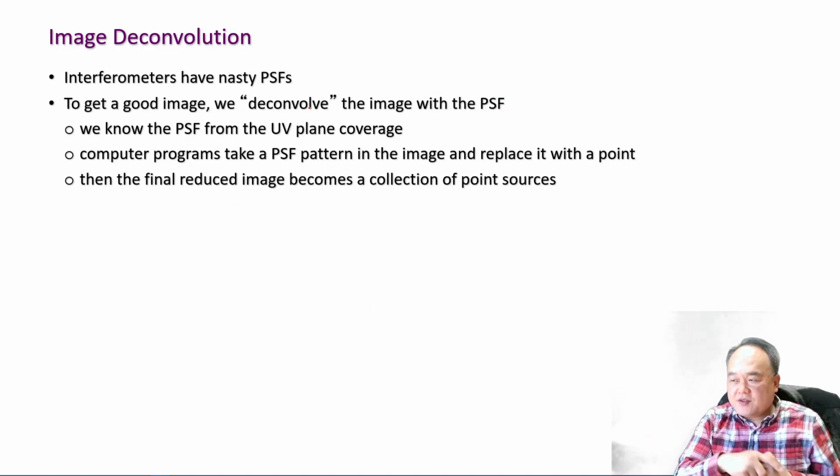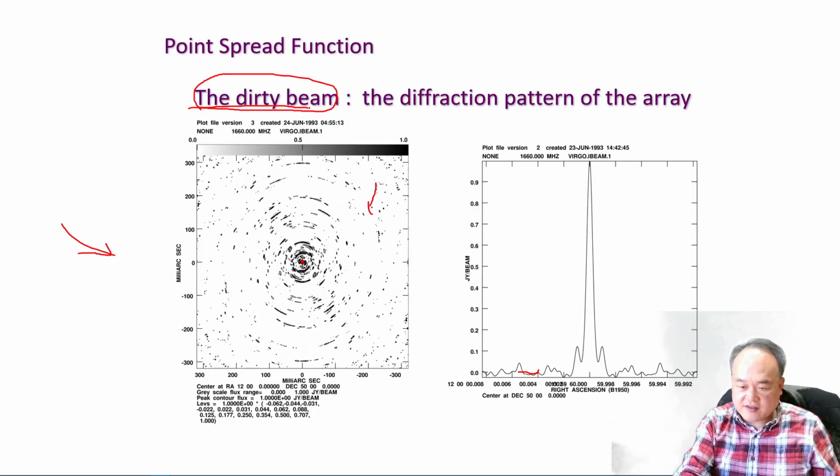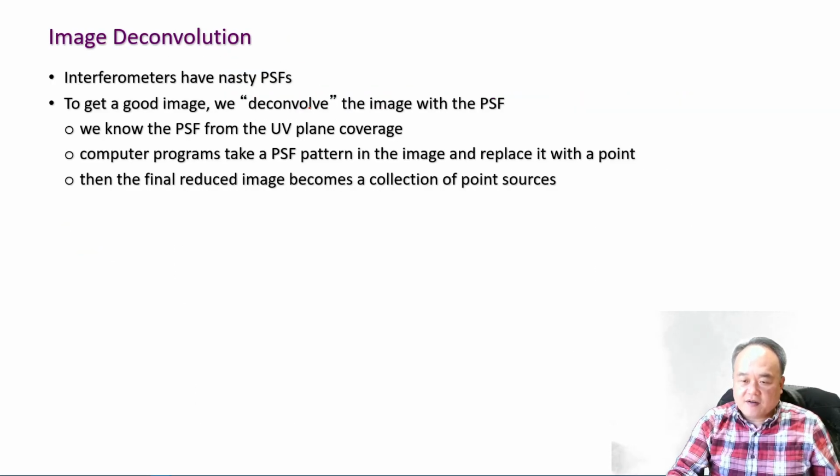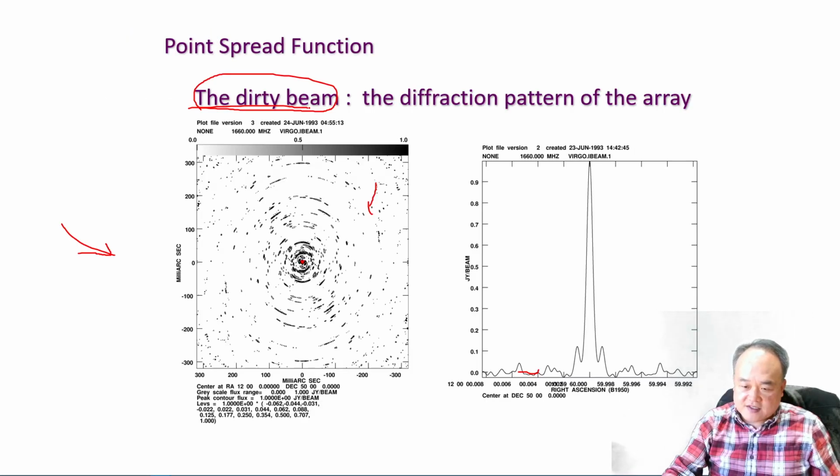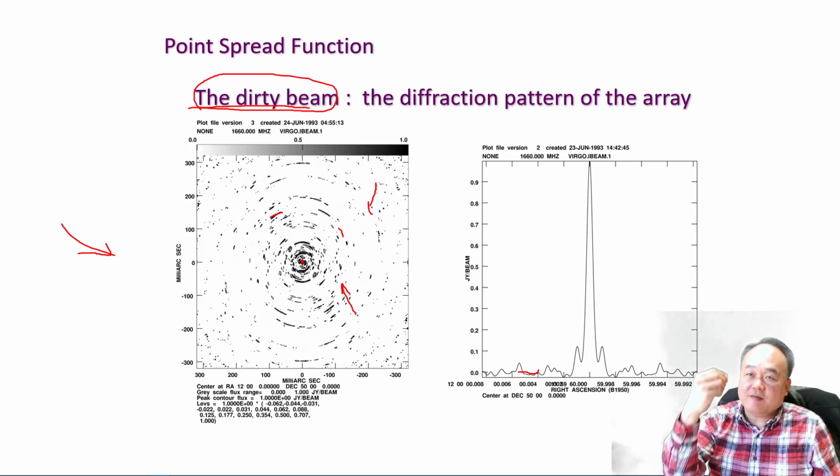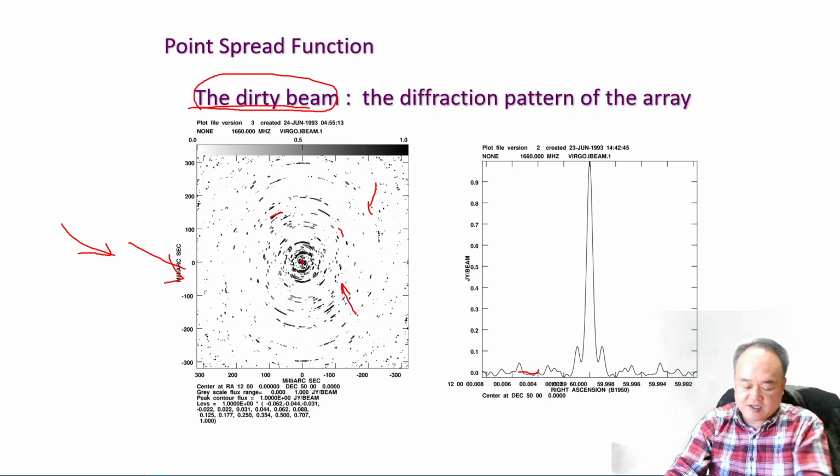So for the image construction from this, we need to somehow decompose the images, because many of these structures are due to the dirty beam UV coverage. The structure of the true celestial source on the sky plane will be different from this telescope dirty beam image.